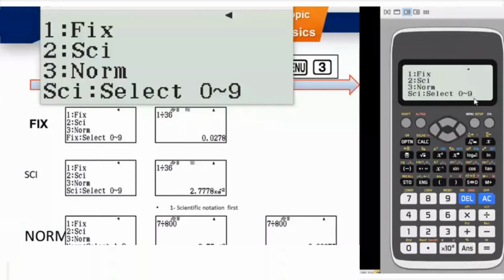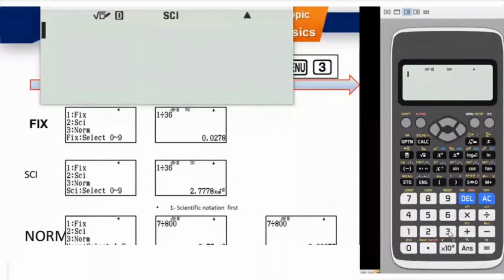It means 2 significant figures. I hope the audience is aware of the difference between significant figures and decimal places. So let's say I have pressed 3. 3 here means 3 significant figures. So 1 divided by 36, my answer is 2.78. Why 2.78?